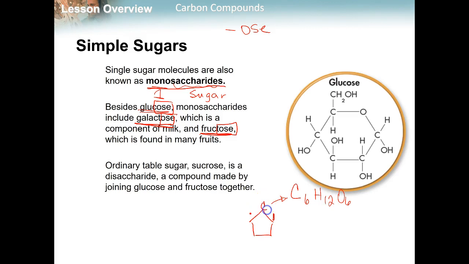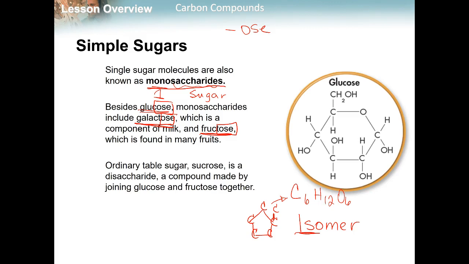Each one of these points that you see here contains a carbon, so that's where that backbone comes in. So fructose has a different chemical structure but the same chemical formula. When you have different chemical structures with the same chemical formula, this is called an isomer. That word's not in the notes anywhere. Iso means the same. So again, the same chemical formula but a different chemical structure.